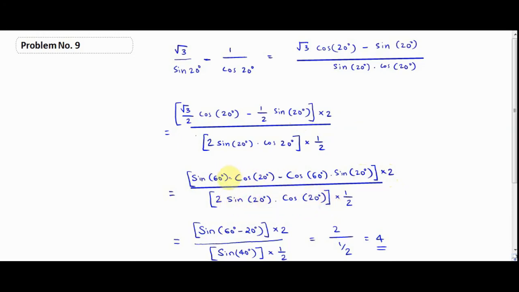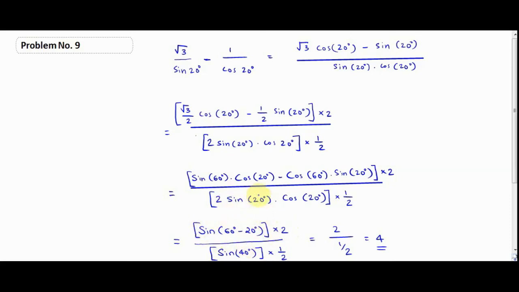This numerator is in the form of the expansion of sine A minus B. Here in place of A we have 60 degree and in place of B we have 20 degree. So we may simplify this lengthy expression as sine of 60 degree minus 20 degree, that into 2. That will be the numerator.